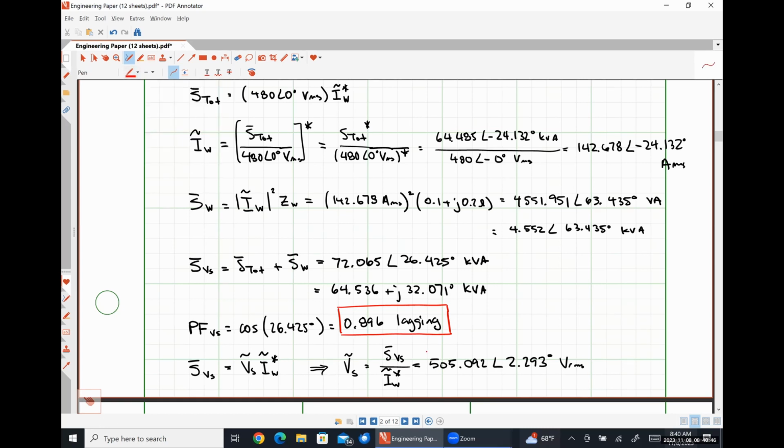I'm also going to put a box around this. We're going to use it momentarily as well. All right. So we've worked this example problem. Now, does anybody have any questions about this before we talk about power factor correction proper?